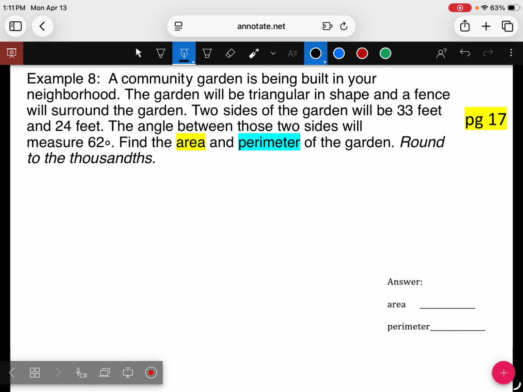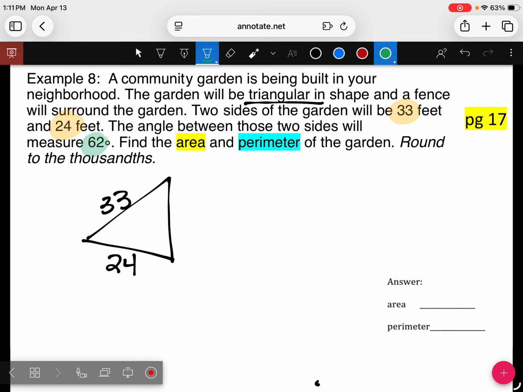The garden will be a triangle. So I'm gonna make me a triangle. 2 sides of the triangle will be 33 and 24. And this is really important. It's telling us that the angle between the 2 sides is 62.